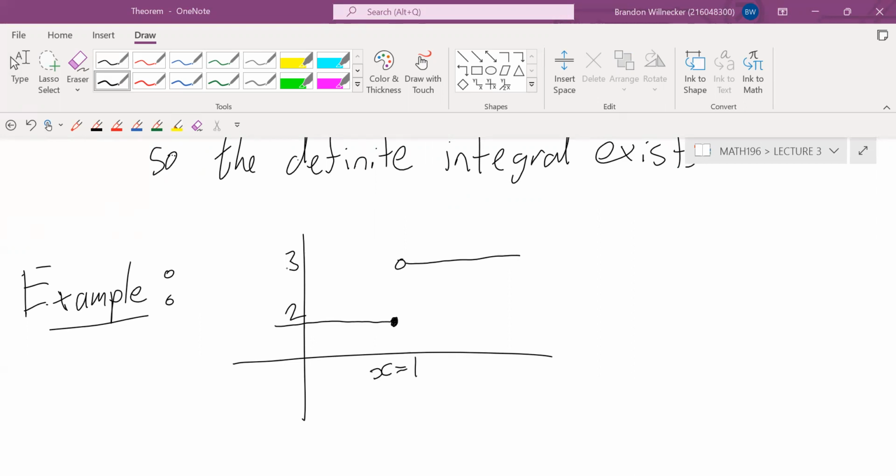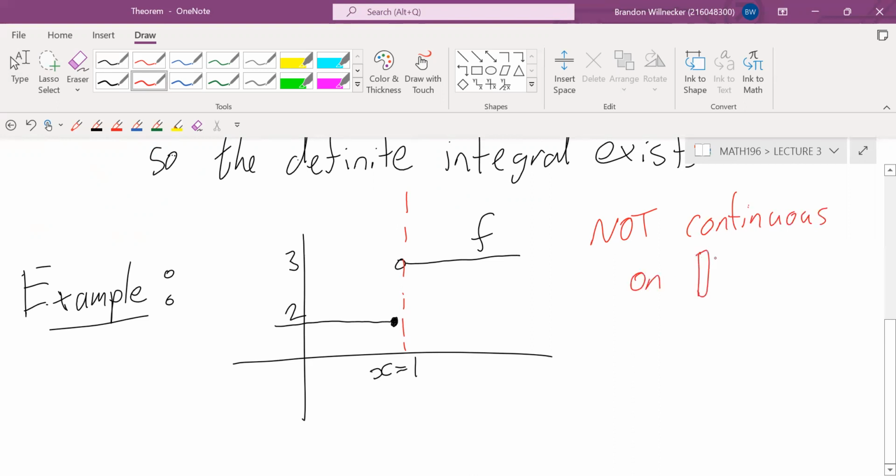However, at this point here, we see that there is a jump discontinuity. So we've got this function f, and it is definitely not continuous on R, because at this point x equals 1 it is discontinuous. However, this function is still Riemann integrable.